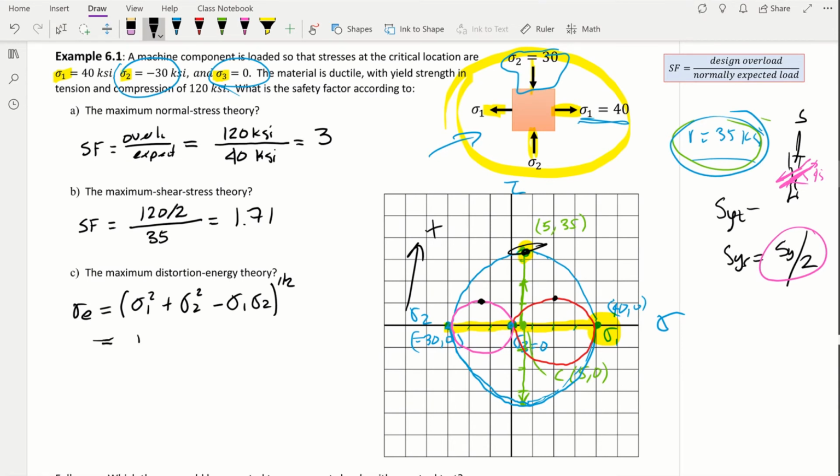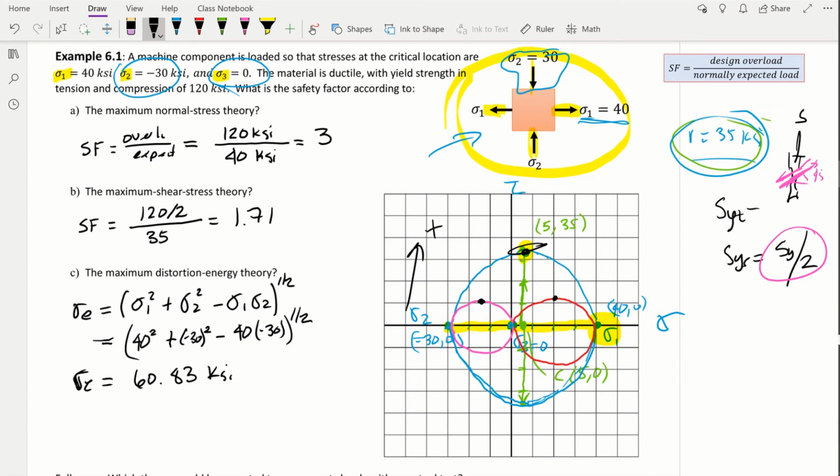Sigma 1 was 40 KSI, so 40 squared plus sigma 2 is negative 30 squared, minus sigma 1 is 40 and sigma 2 is minus 30. And everything to the 1/2 power. If we plug this into the calculator, hopefully I didn't make a mistake, I get that the equivalent stress is 60.83 KSI.